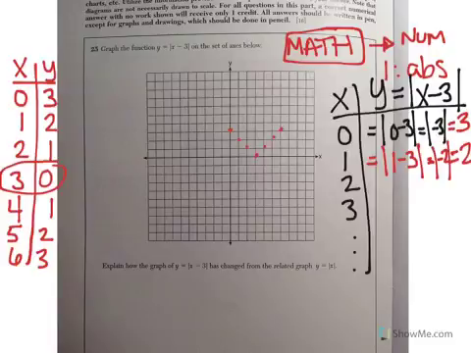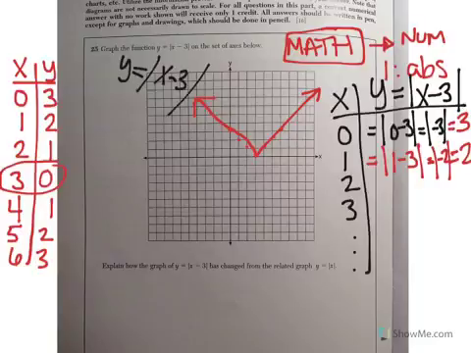And when you connect the dots, you should have a nice V, and it goes on forever, both directions, like such. So that is the equation, y equals absolute value of x minus 3. Whenever you're graphing an absolute value function like this, you will end up with a V. Not a parabola, it's not a U shape, it has to be that V shape.